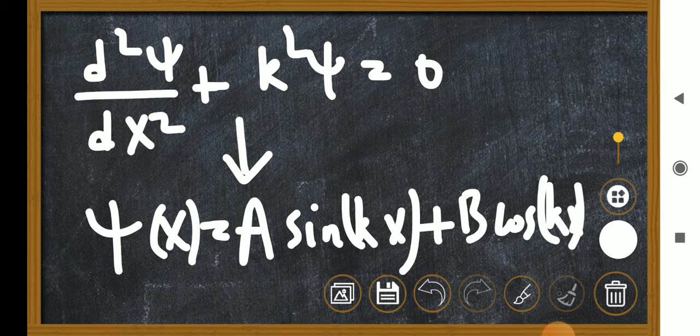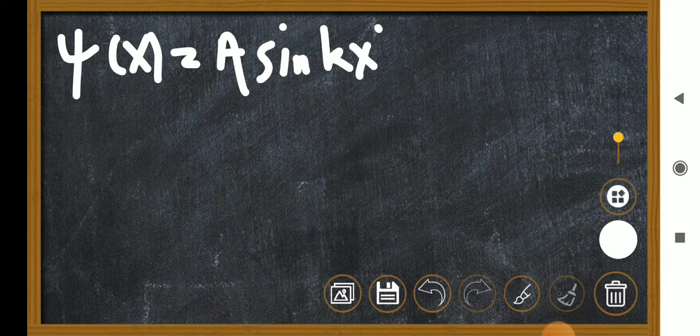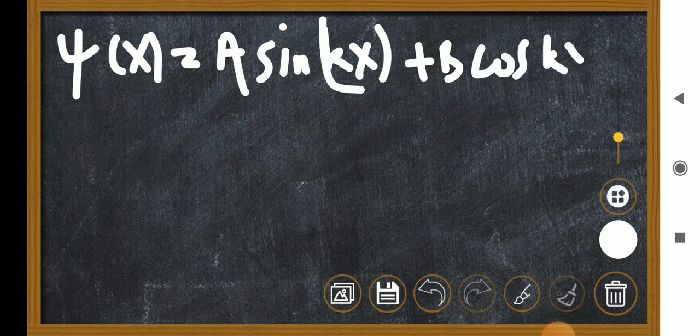You can solve this equation by taking a double derivative, and you will get to this position only. Anyway, let's just write our generalized solution: A sin kx plus B cos kx.